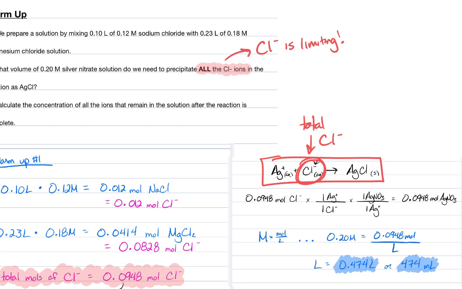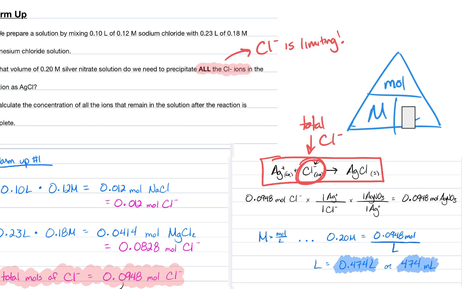I also saw some people get tripped up on that. Remember that we have our triangle. Let's write it up here. Triangle. Looks like that. Whatever you're solving for, you're going to cover it up. So let's cover up our liters.